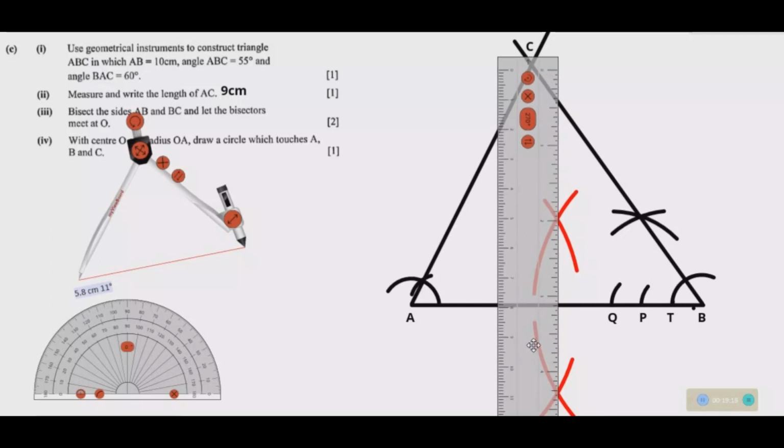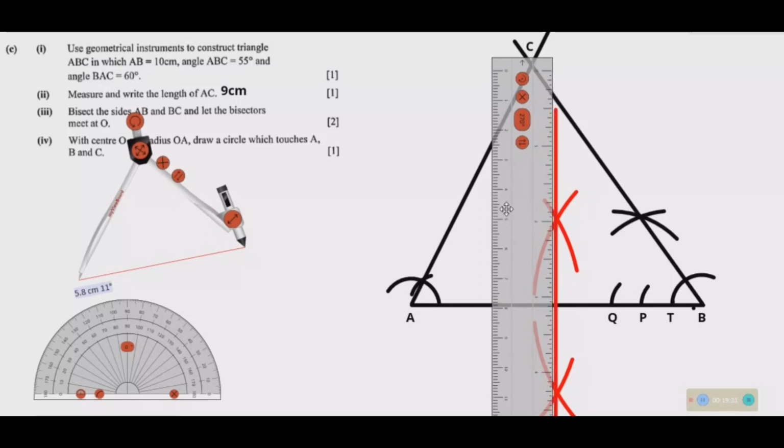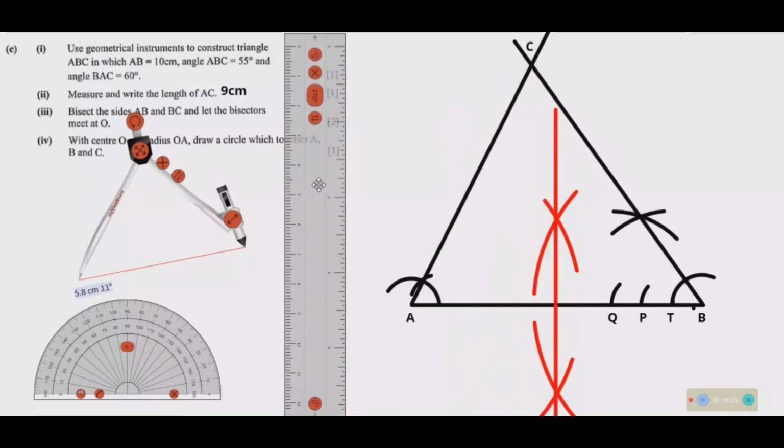The line should be passing through the middle of these intersections of the arcs. Now once we have done that, we have constructed the bisector of AB, this line AB, and we have constructed a bisector like this one of the sides.